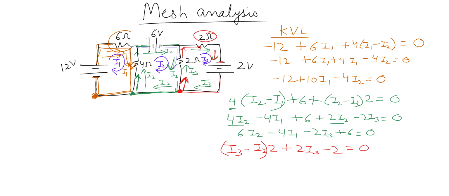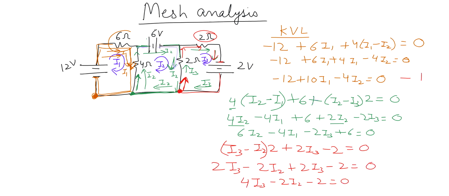Now simplify. 2 times I3 minus 2 times I2 plus 2 times I3 minus 2 is equal to 0. That gives me 4 times I3 minus 2I2 minus 2 equal to 0. Now we have equation number 1, equation number 2, and equation number 3.